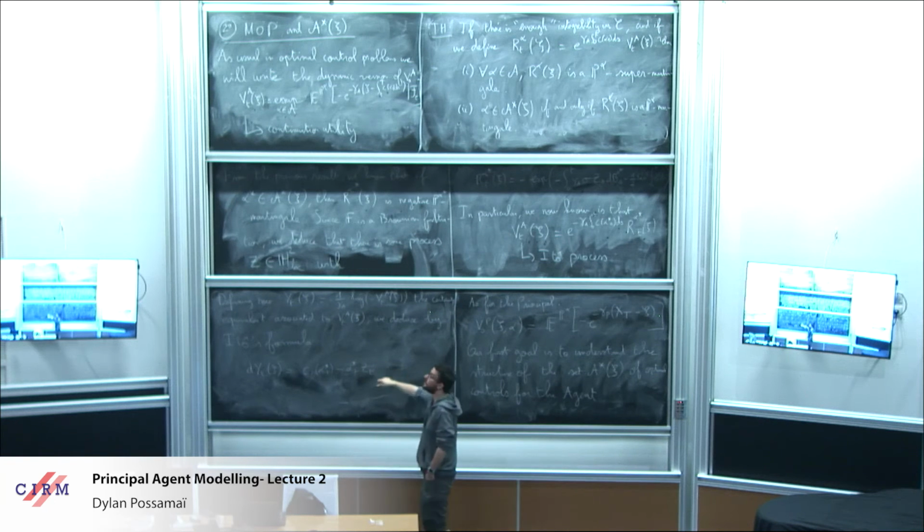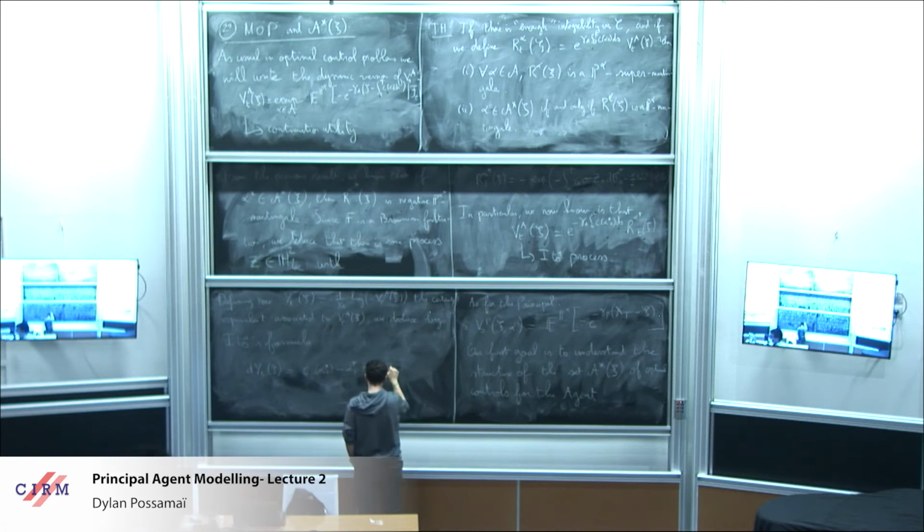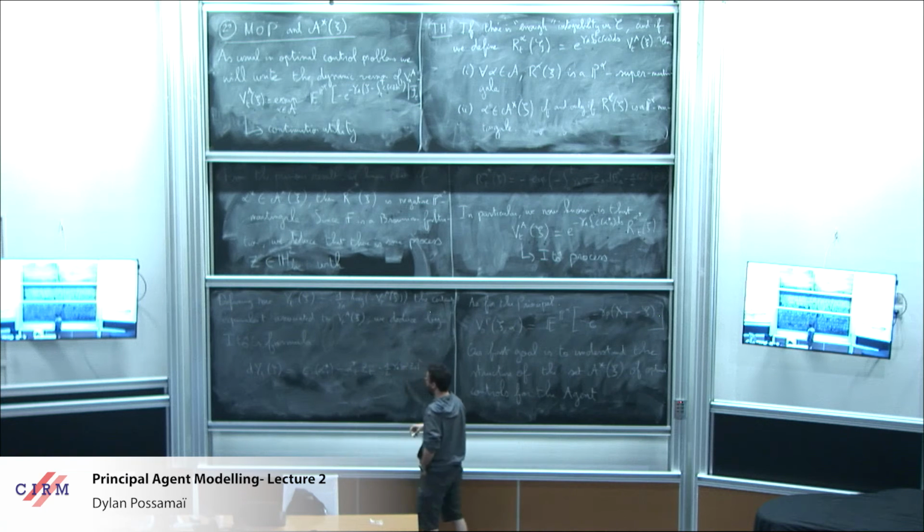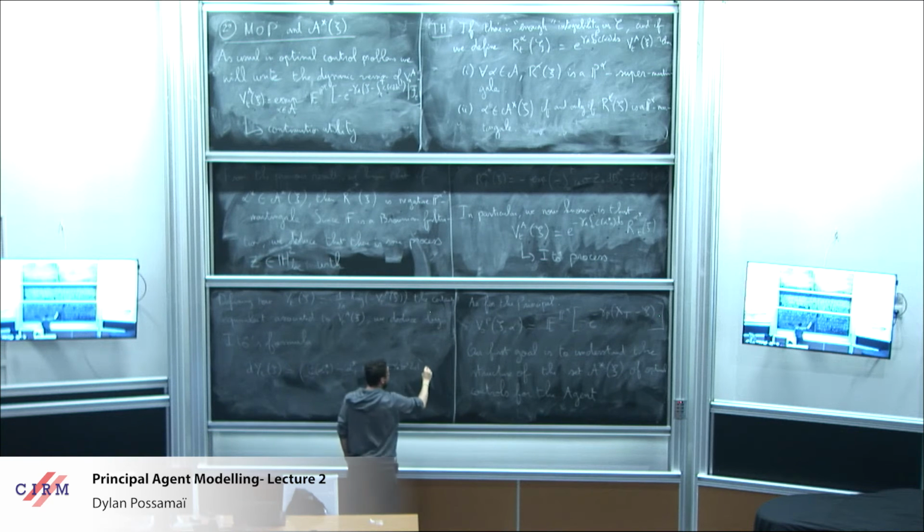So the Z here is the one that was there. Minus 1/2 gamma sigma squared Zt squared. So that's the dt term.